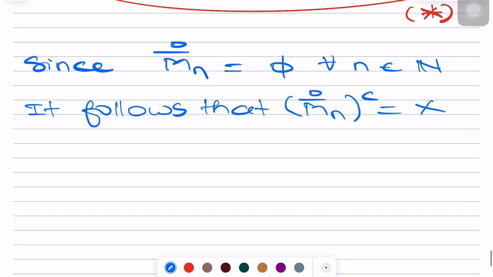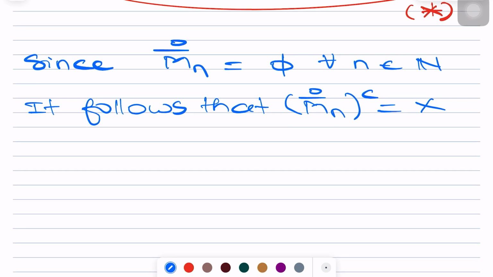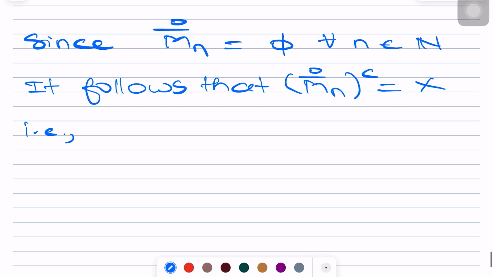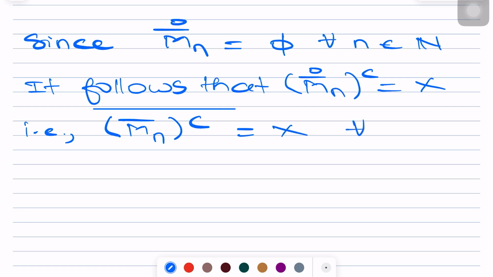But the complement of the interior is nothing less than the closure of the complement. So I say it once again: the complement of the interior is the closure of the complement. So this means this is equal to X for every n. So this follows from this, of course, because I said the complement of the interior is the closure of the complement.